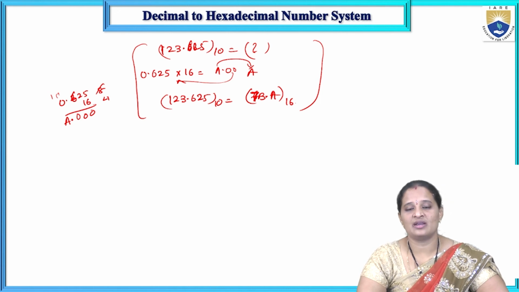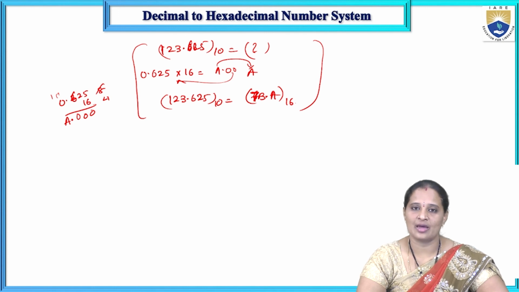Whereas the fractional part of a decimal number can be converted into any number system of base R with the help of successive multiplication by the resulting base R. The successive multiplication should be done until the fractional part becomes 0, or else we can stop.